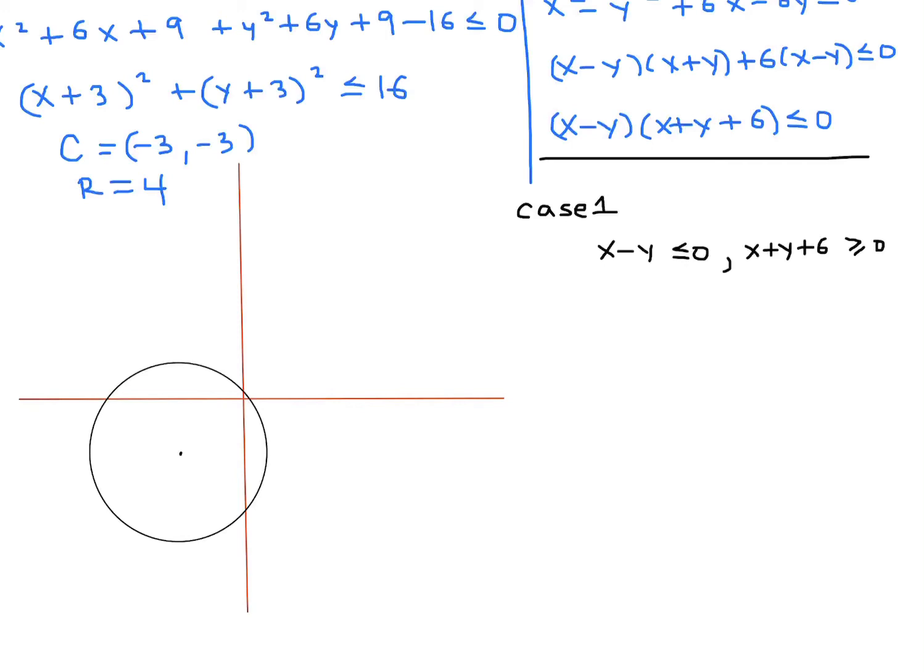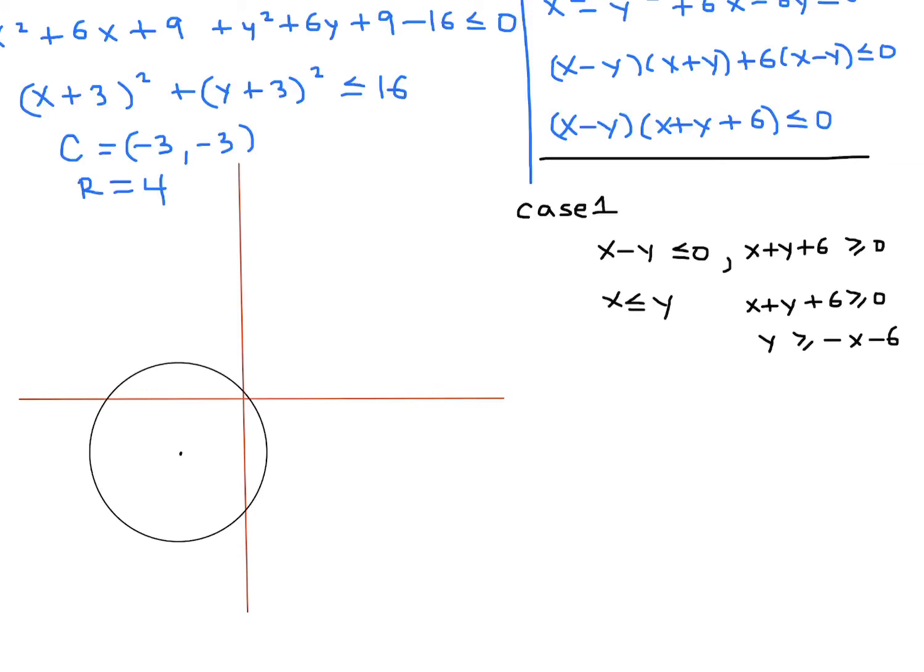Okay, so that means that x is less than or equal to y, and x plus y plus 6 greater than 0. We can isolate for one variable here. Let's isolate for y. Y is greater than minus x minus 6.